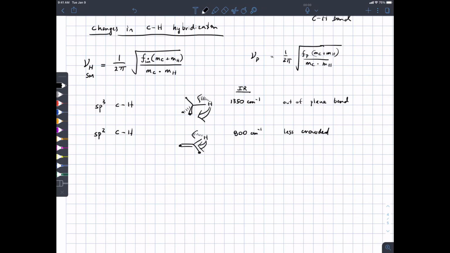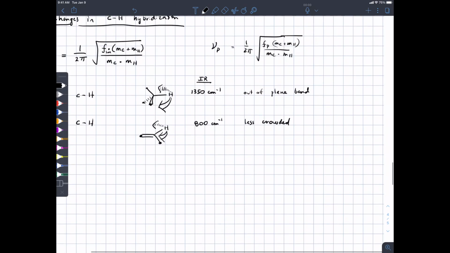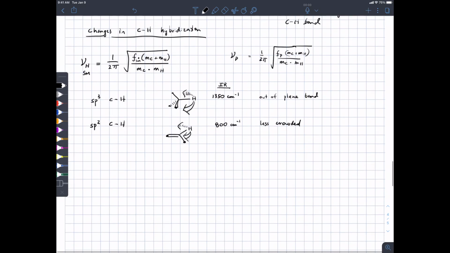Okay? So one of the things that we could say is that the out-of-plane bend for an sp3 hybridized carbon has a stiffer, larger force constant, whereas the sp2 hybridized carbon-hydrogen bond vibration out of plane has a weaker, smaller force constant.